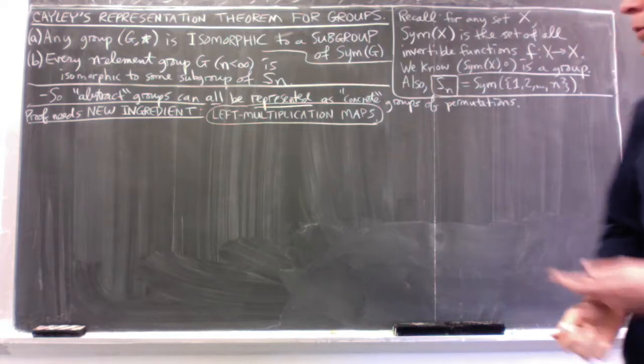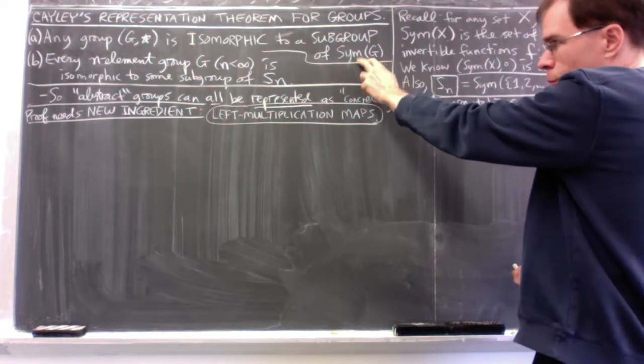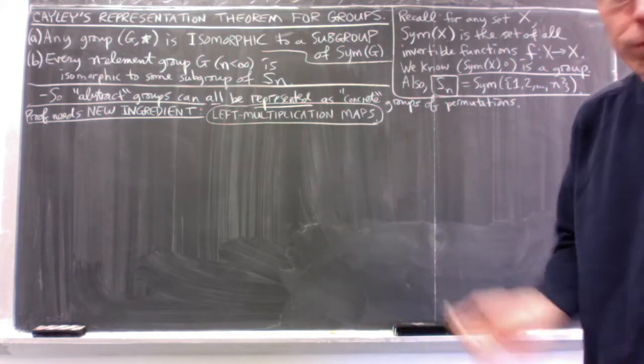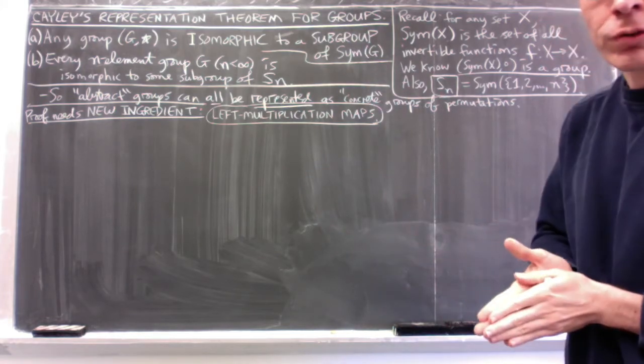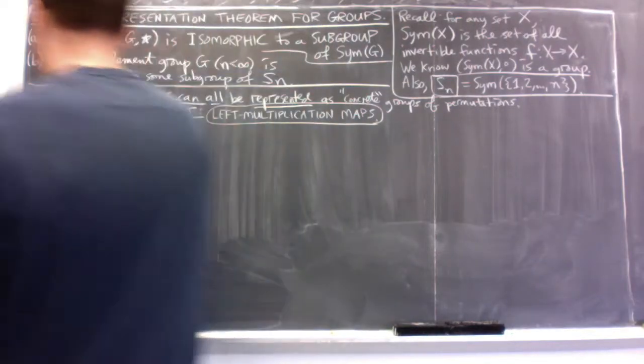So we have this group, we don't know anything about it. What's Sim of G? It's functions from G to G that are invertible. How am I going to get such a function out of the group elements? This idea will let us do that.